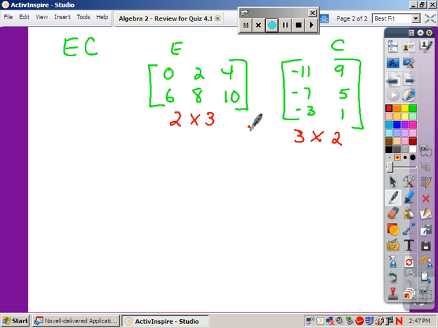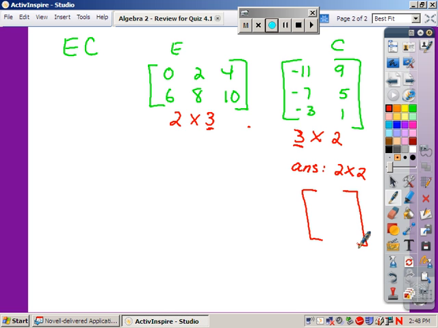And the answer to that is yes, because these numbers in the center match up. If they match up, your answer is yes. The numbers on the outside tell you the dimensions of the answer. So our answer is actually going to be a 2 by 2 matrix. So it'll be a very small one, which is okay, small is good.